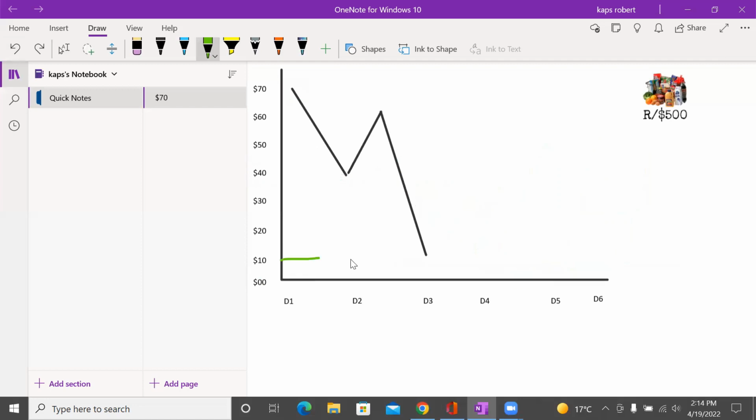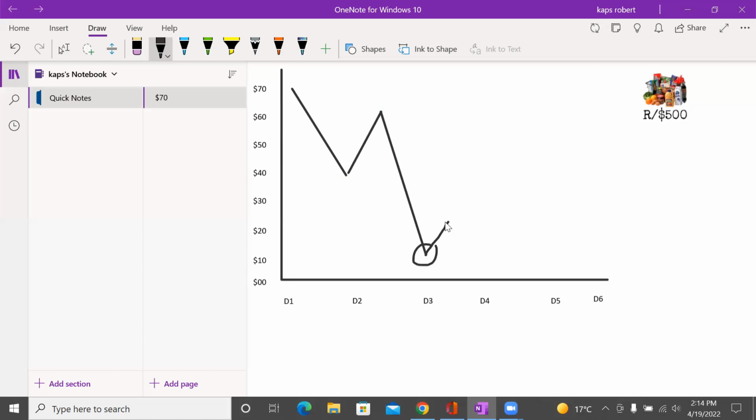Let's say this person buys a grocery on this point, and then you don't know, he buys the grocery on here, on the $10. You understand? And then the graph is going up like this.